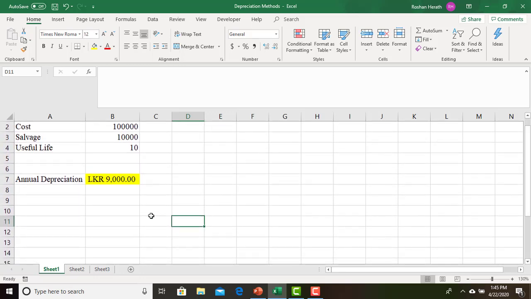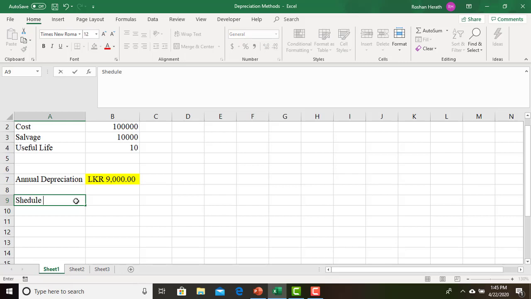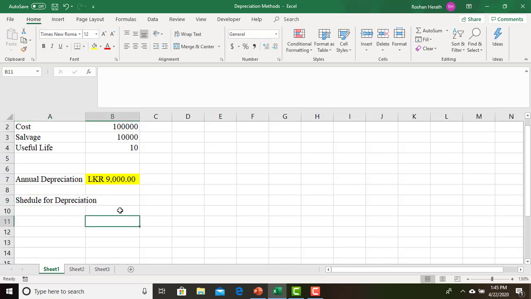Then the second requirement was you were requested to produce a depreciation schedule for depreciation. So let's prepare that as well. Schedule for depreciation. In that, I might get the period first.